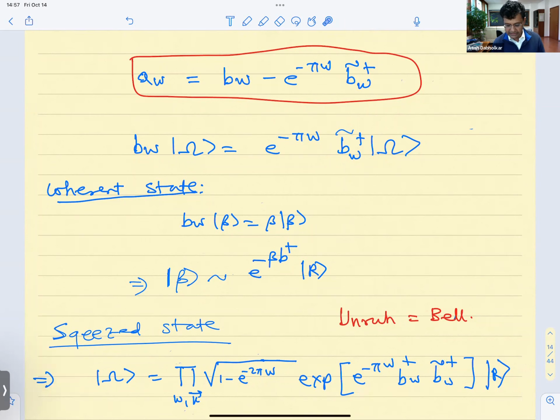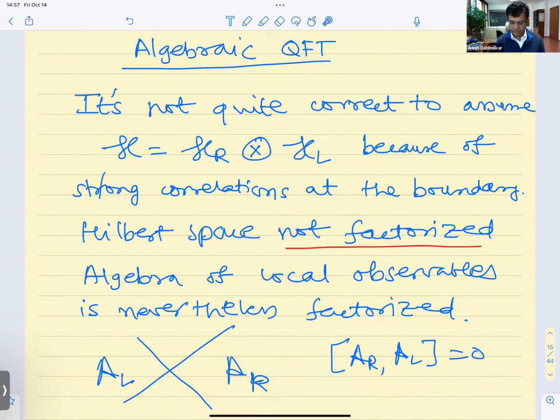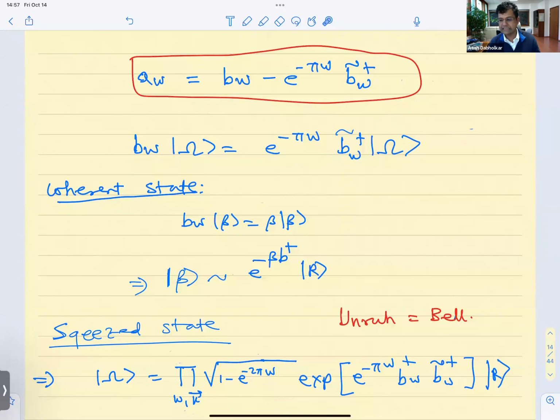So basically, the Minkowski vacuum looks like a highly correlated system where you have a particle of frequency omega in the right Rindler wedge as well as in the left Rindler wedge with this very specific, very thermal looking coefficient. And it's because of that that this Minkowski vacuum looks like a thermal state. So this is a more detailed derivation of the ultraviolet divergence that I talked about.